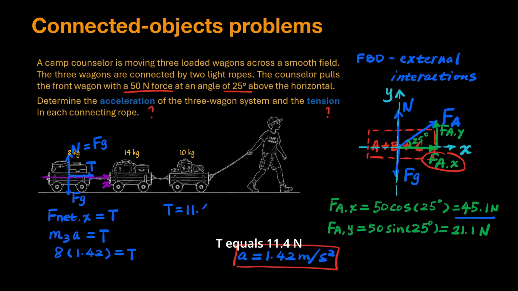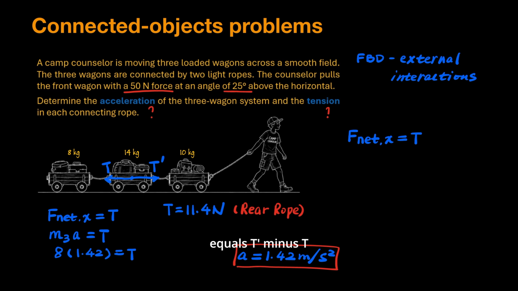Now let's move to the middle wagon. Again, let's focus only on the horizontal direction, since the vertical forces are balanced. There are 2 horizontal forces acting on this wagon. The front rope pulls it forward. We already used T for the tension in the rear rope. Let's call this tension in the front rope T prime. And the rear rope pulls it backwards with T. So the net force in the x direction equals T prime minus T. Using Newton's second law, F net in the x direction equals the mass of the second wagon, m2, multiplied by its acceleration a.